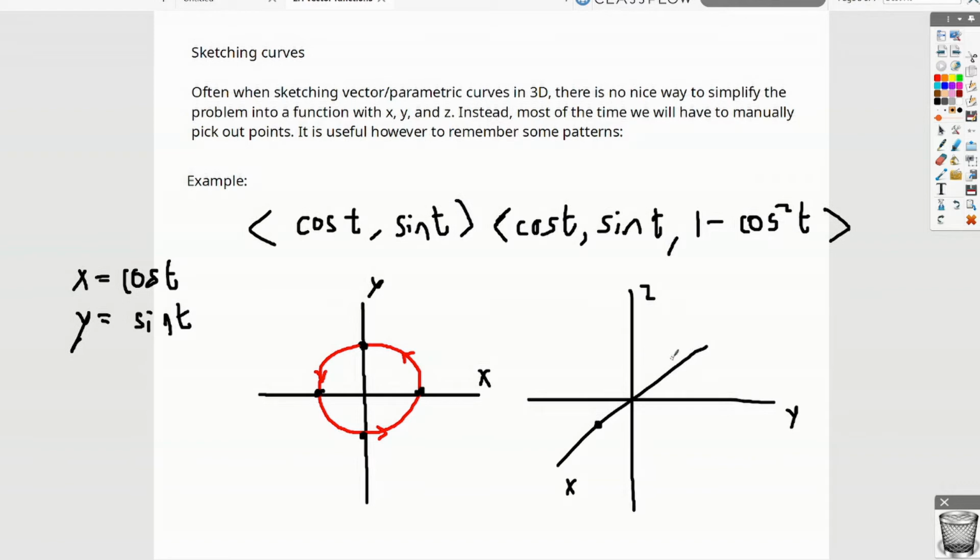Okay, that's going to be really hard to draw actually. And then if you plug in t equal to pi, you will get negative 1, 0, 0. So you will get something like this, and then you will get something like this: 0, negative 1, 1. So what you end up with is a graph looking kind of like this.